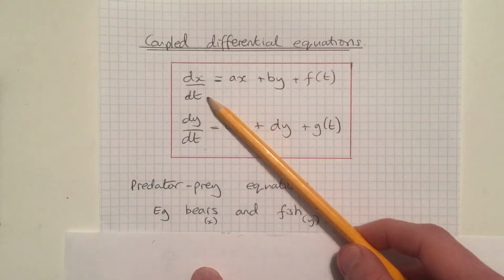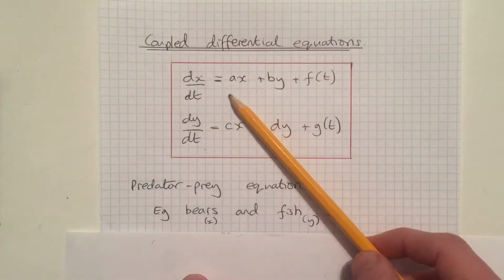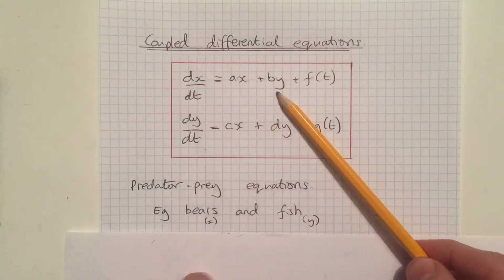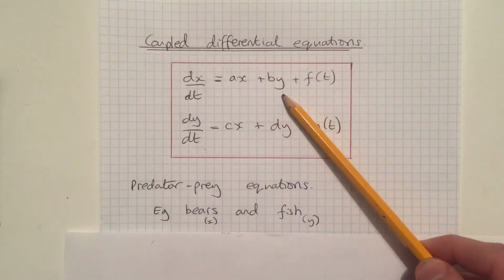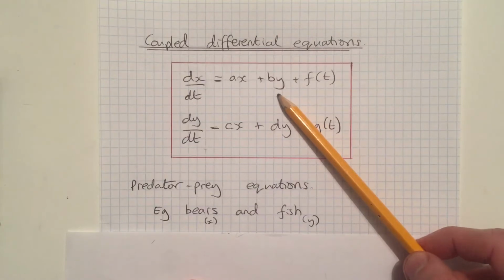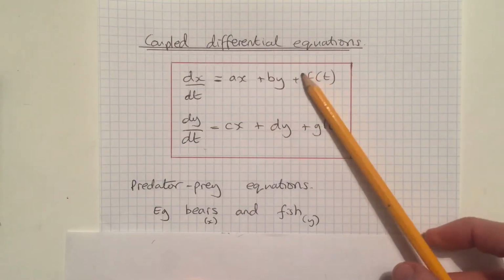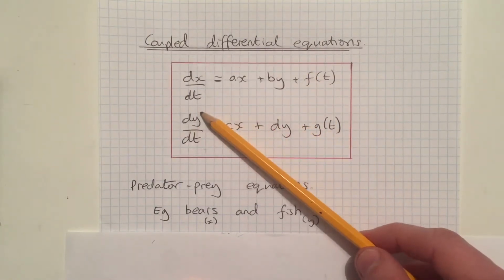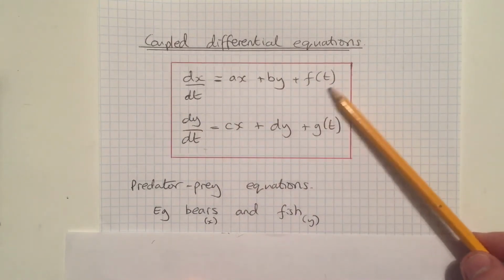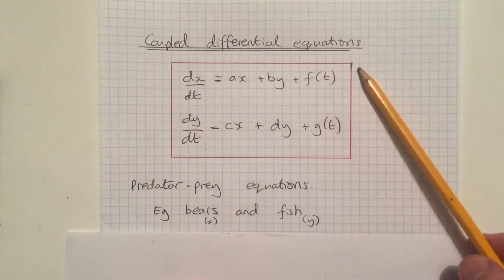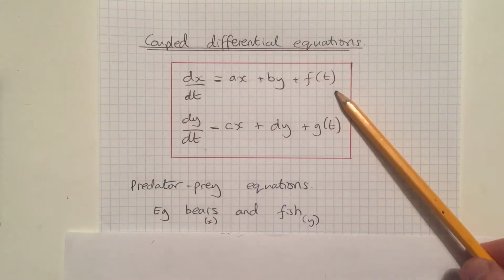So you'd expect the rate of change to be proportional to the number of bears there are. It's also dependent and proportional to the number of fish there are, because the more fish there are, the more food that's available for the bears to eat. And the rate of change of bears could also be affected by some other function, perhaps the climate, for example.